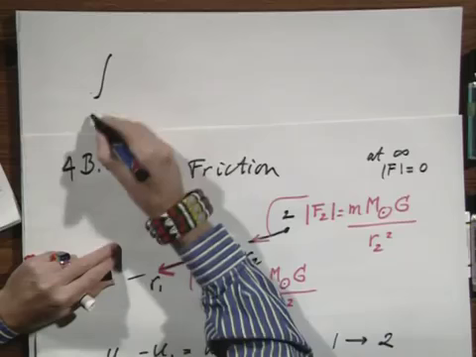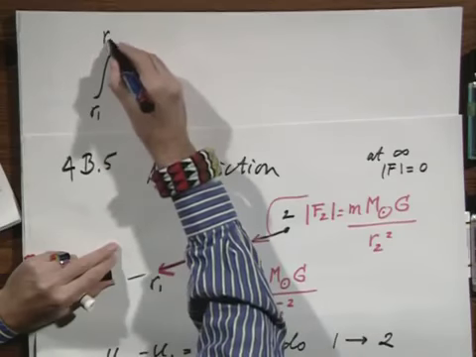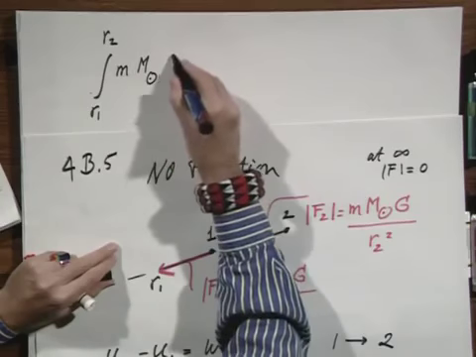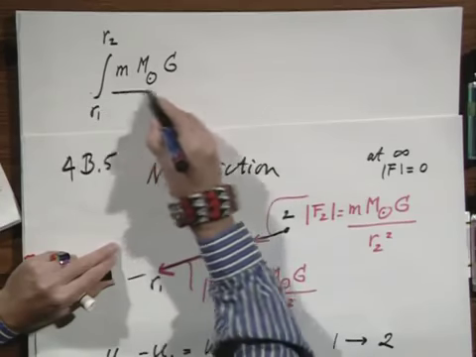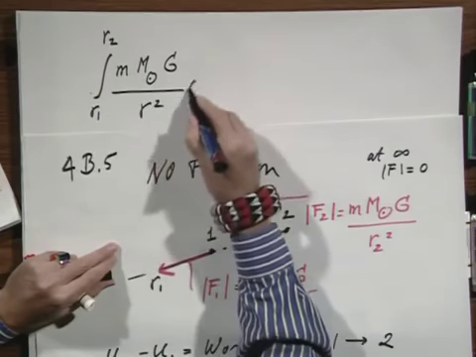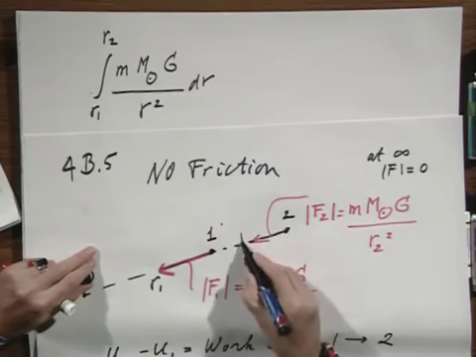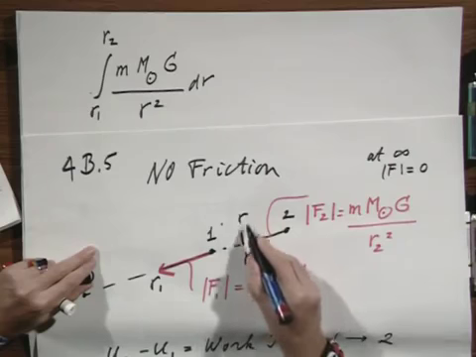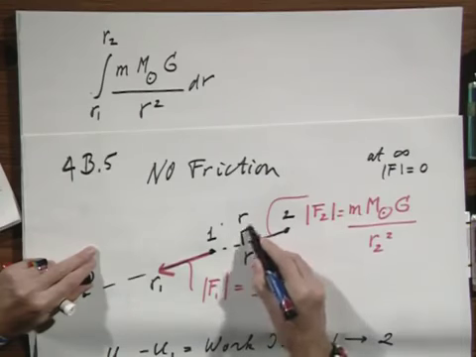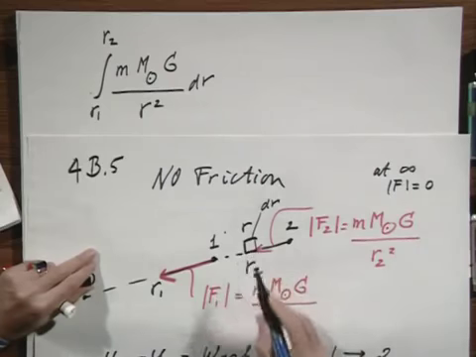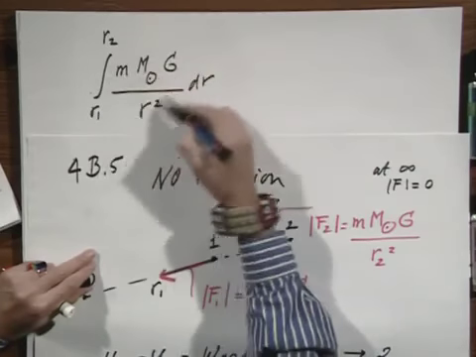Well, that is the integral from r1 to r2 of m sun times G divided by r squared dr. I go from here and I move it out, and I'm at some random location r, and I move it out over a distance dr. Over this small trajectory, I assume that the force remains constant.